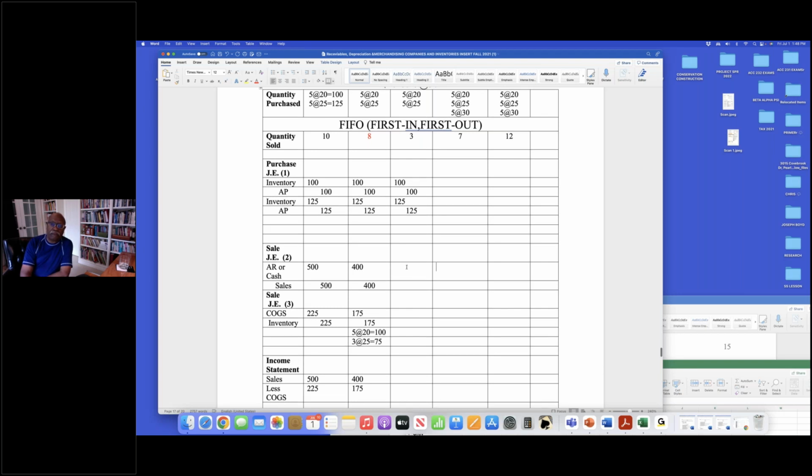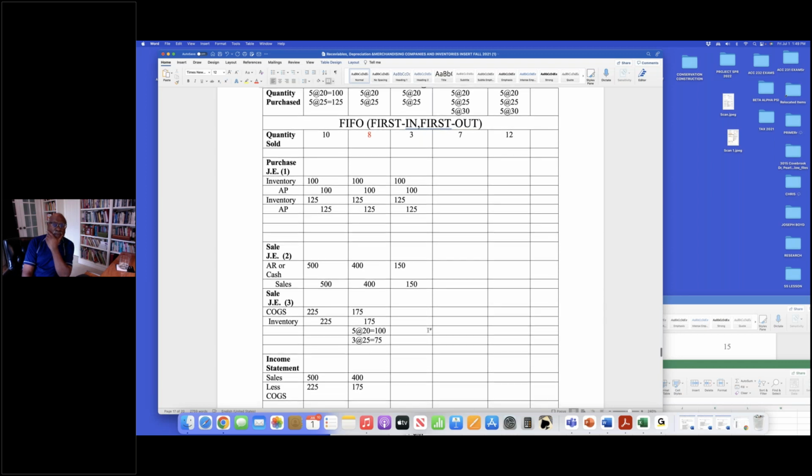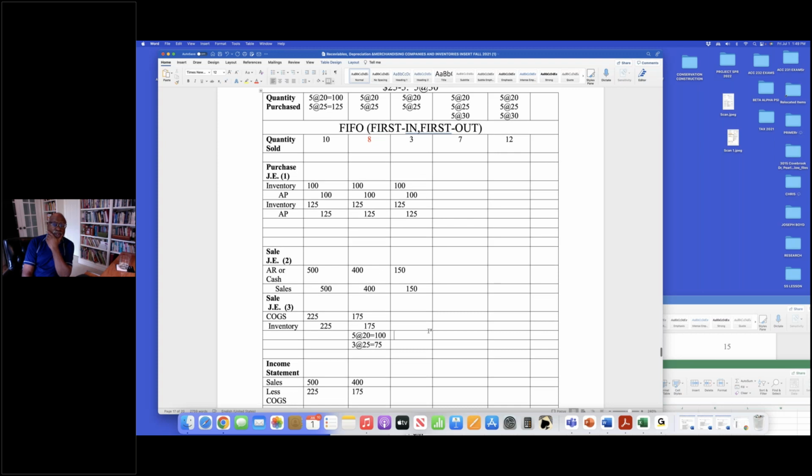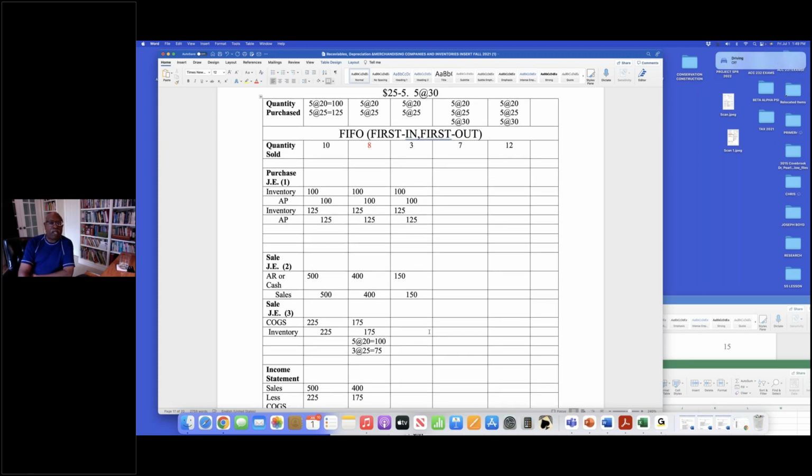You sold 3. 150. That's correct. What's the cost of the 3?